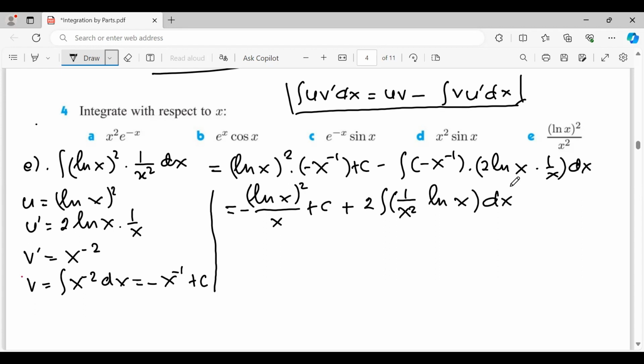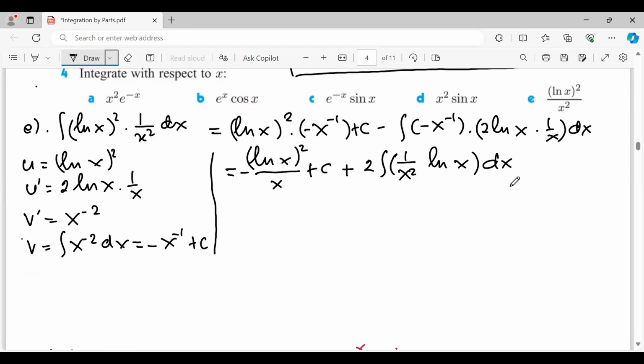We have to find the second part of integration by parts. u is ln x, the derivative of u is 1 over x, and the derivative of v is 1 over x squared.